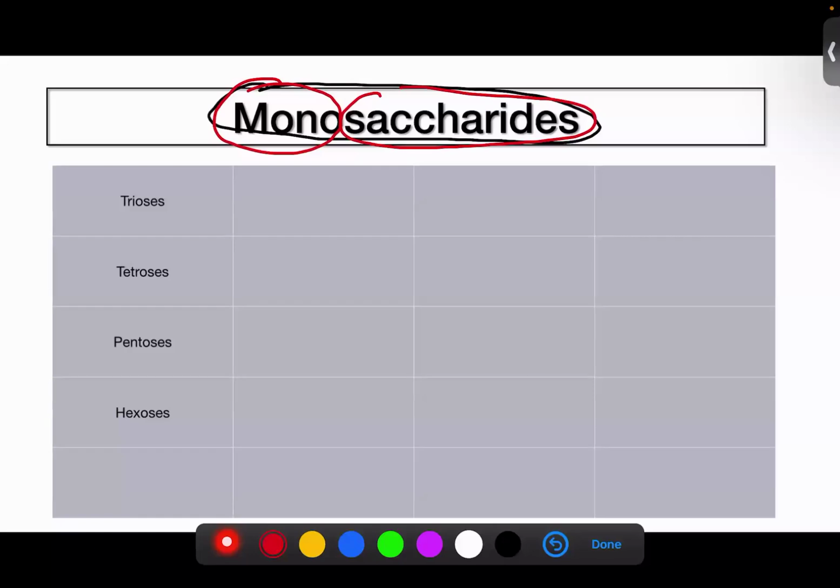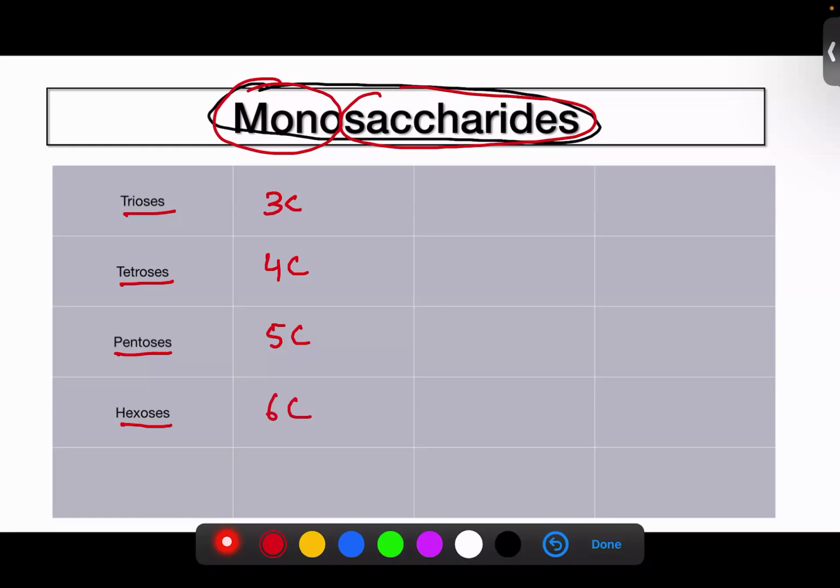They are classified into various groups like trioses, tetroses, pentoses, and hexoses, named on the basis of the number of carbons found in them. If they have 3 carbons, they are known as trioses. If they have 4 carbons, tetroses. If they have 5 carbons, pentoses. And if there are 6 carbons, they are known as hexoses.